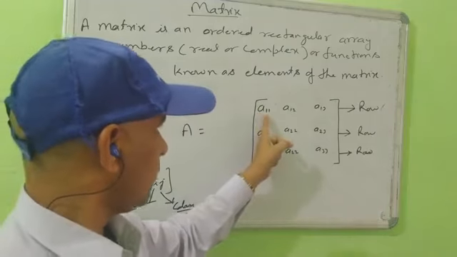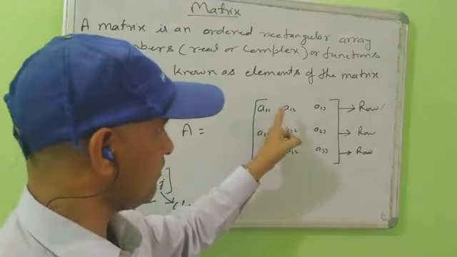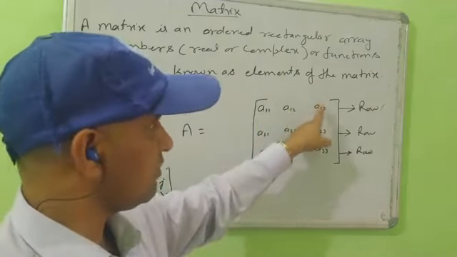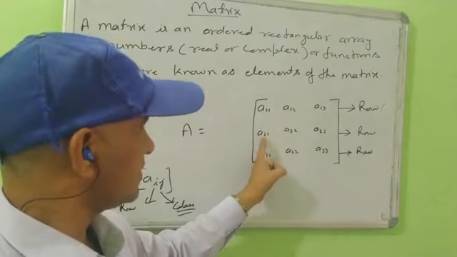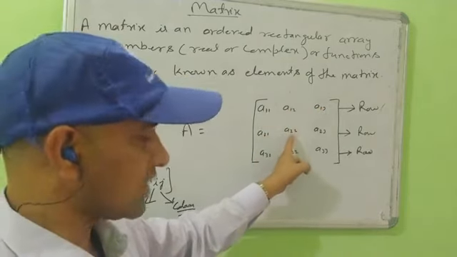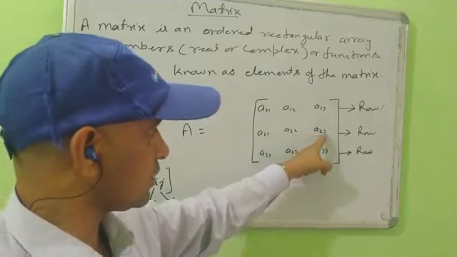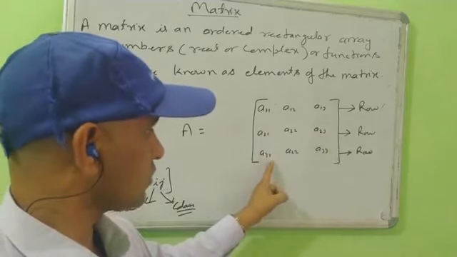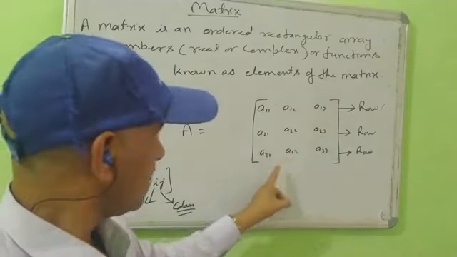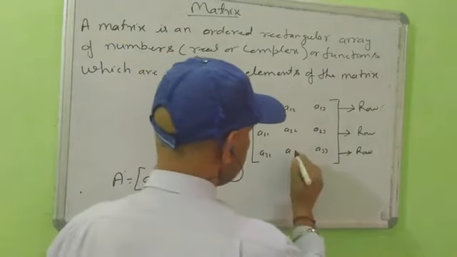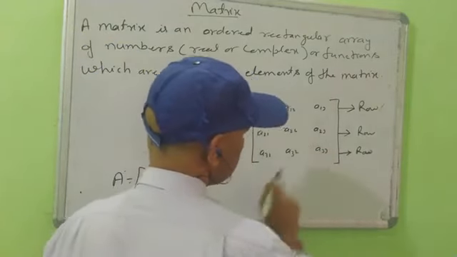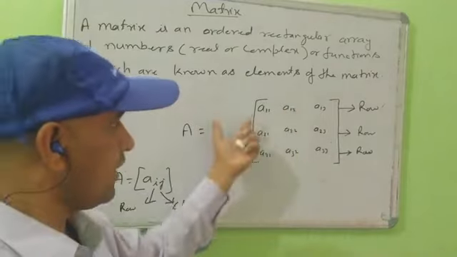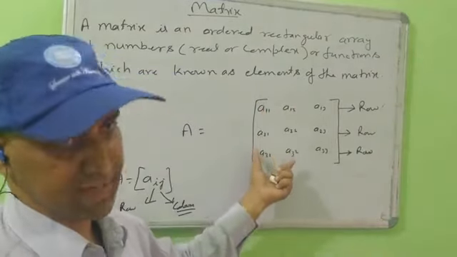So 11 is first row, first column; 12 is first row, second column; 13, first row, third column; 21, second row, first column; 22, second row, second column; 23, second row, third column; 31, third row, first column; 32, third row, second column; and 33, third row, third column. This is the address of an element of the matrix.